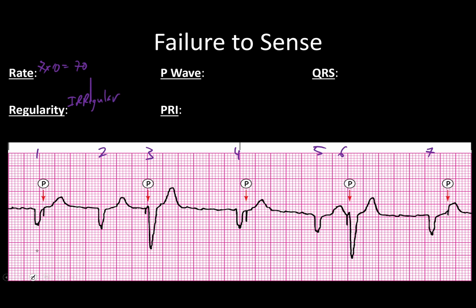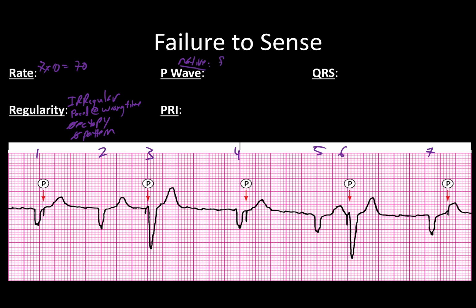Very irregular. We don't have any ectopy, there's no pattern, but what we do have for sure is pacing at the wrong time. In terms of the P waves, from a native standpoint, we don't have any P waves.